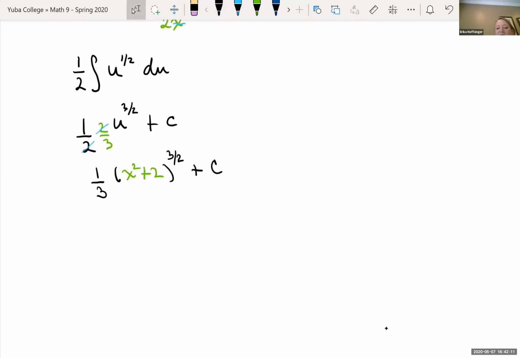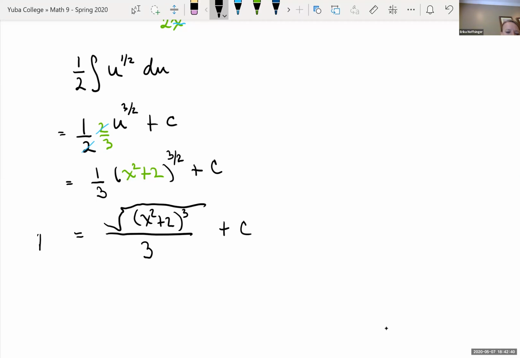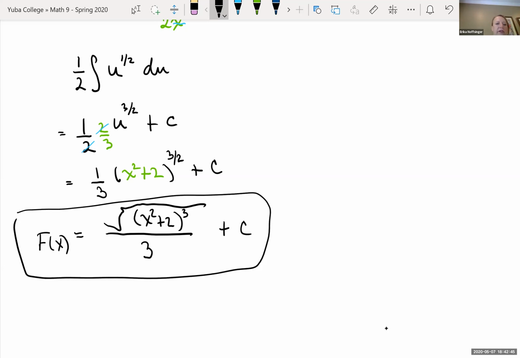The denominator of the exponent is the root, so I'm taking the square root, and the numerator is the power I'm raising this to, which is cubed. So it's 1/3 times the square root of x squared plus 2 quantity cubed, plus c. Okay, so that gives us our antiderivative.